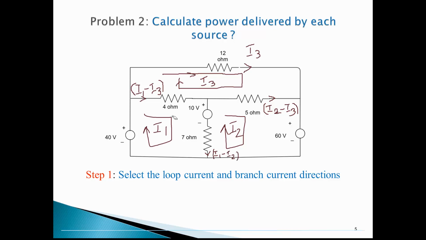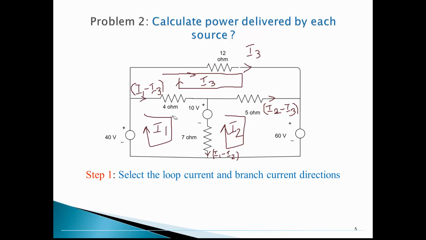So I have chosen all loop currents clockwise, and based on the loop current I have given branch current direction for each of the branches. But the actual question is to calculate power delivered by each source. That means I want to find out what is the current flow through this 40 volt source, what is the current flow through this 10 volt source, and what is the current flow through the 60 volt source.